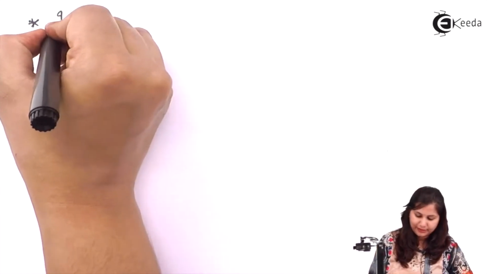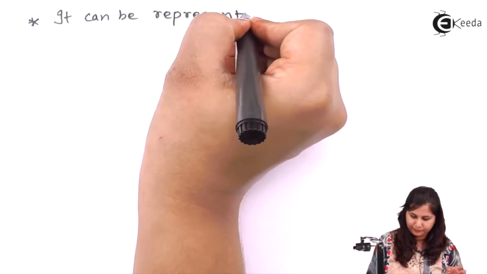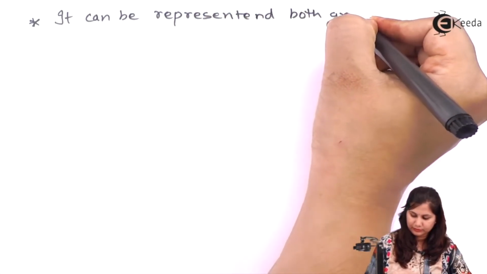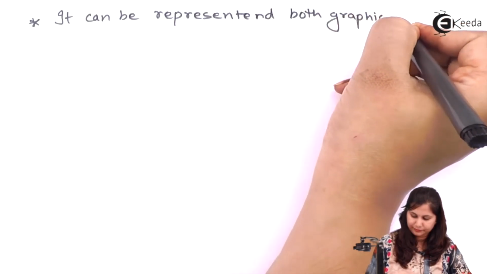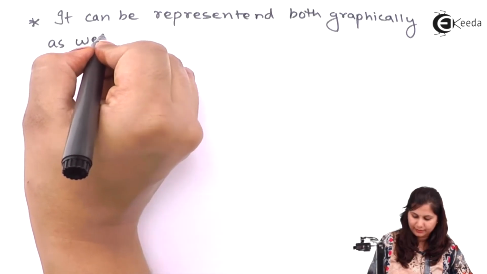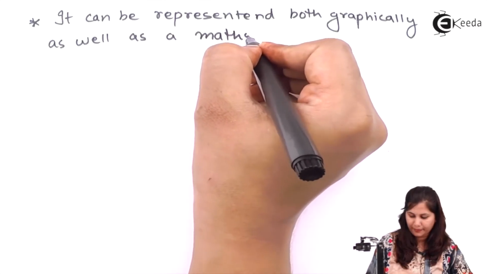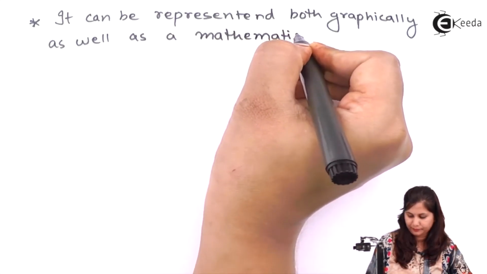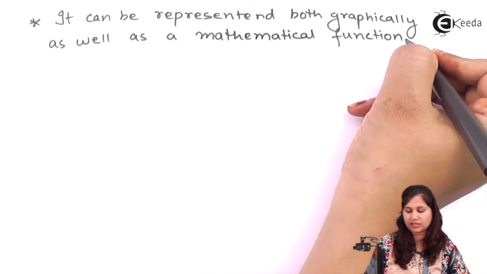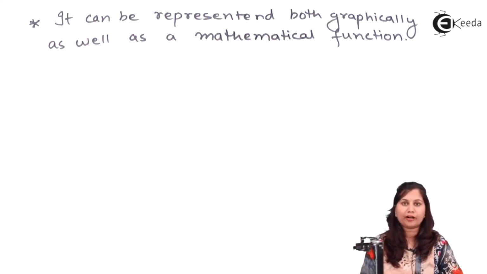It can be represented both graphically as well as a mathematical function. So you can express the frequency response of a system graphically and also as a mathematical function.